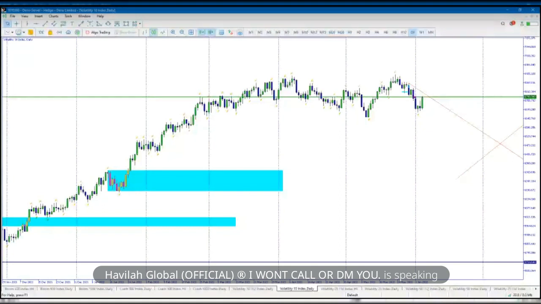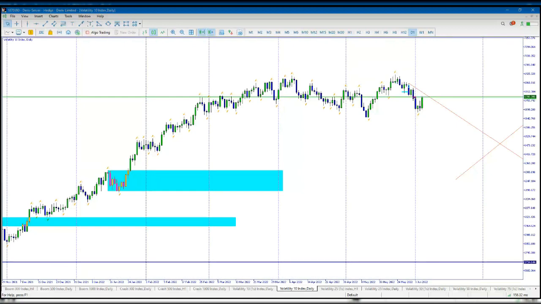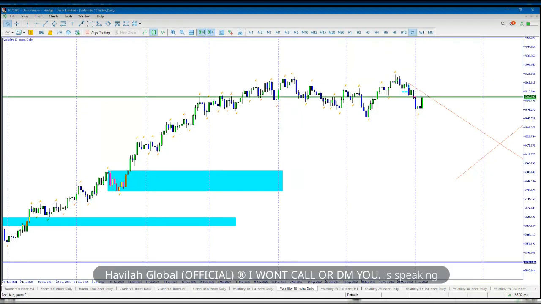If my daily is showing me a sell and I'm seeing buy setups on H1 and H4, I won't take it, because at the end of the day, I will bite my fingers. It's just like Keke Napep trying to drag with a Dangote trailer. You will get yourself crushed.